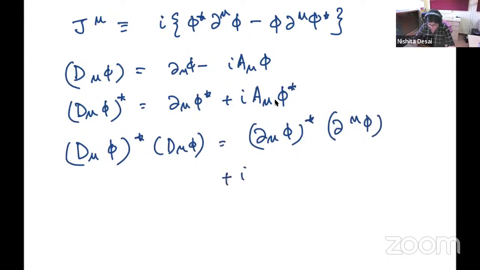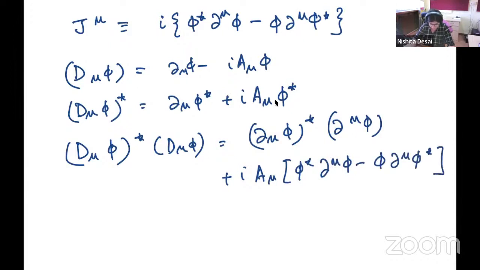Then you have A mu A mu phi star phi, and an extra term that looks like this. Okay, so this is just multiplying these two guys here.